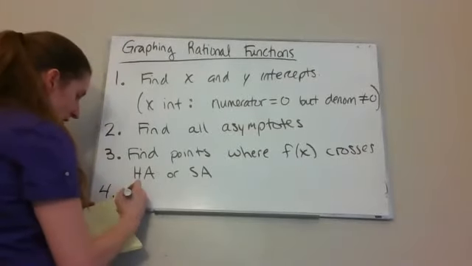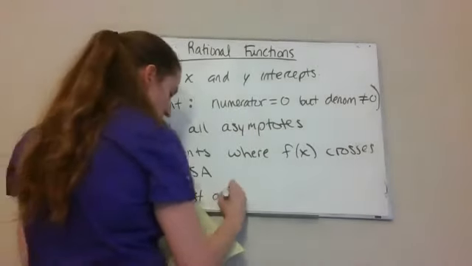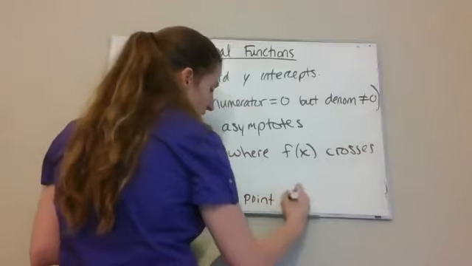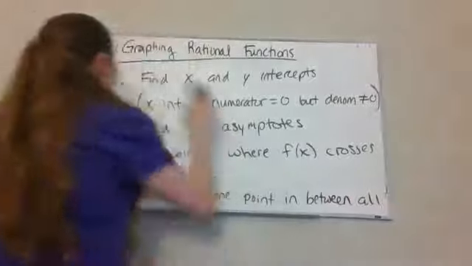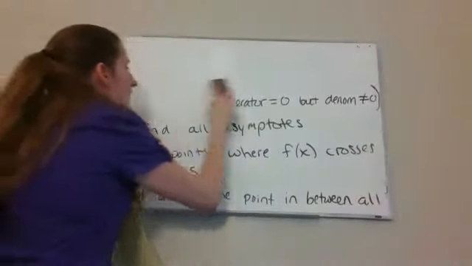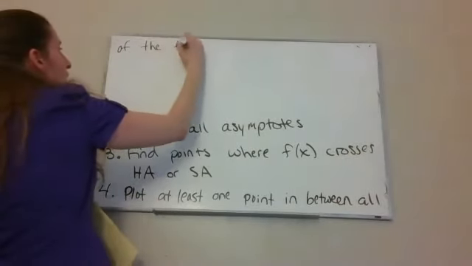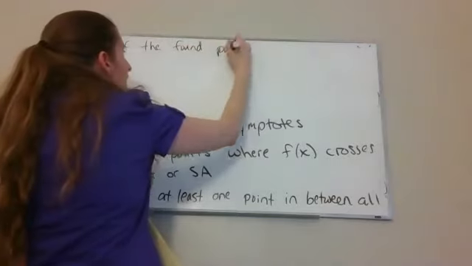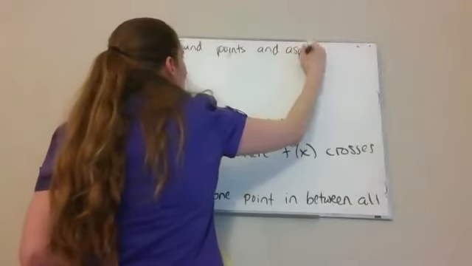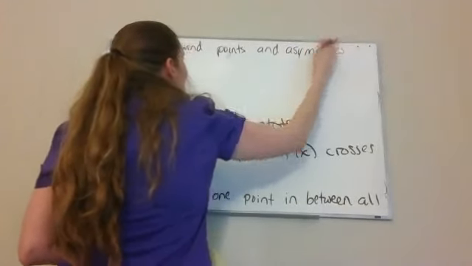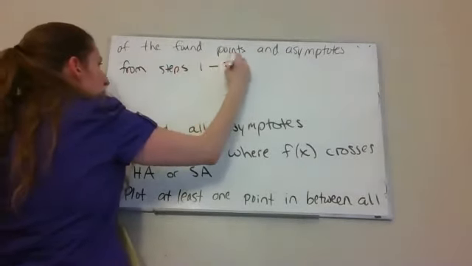Then plot at least one point in between all of the found points and asymptotes from steps 1 through 3.